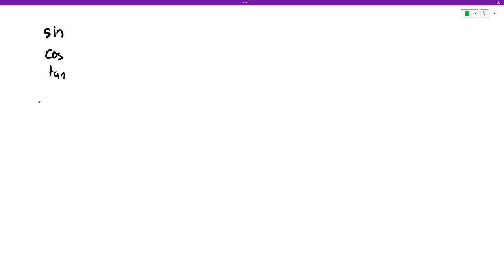Let's say I have this triangle, and this is 90 degrees, and this is 48 degrees, 5.1 meters, and this is, let's say, 3.2 meters.